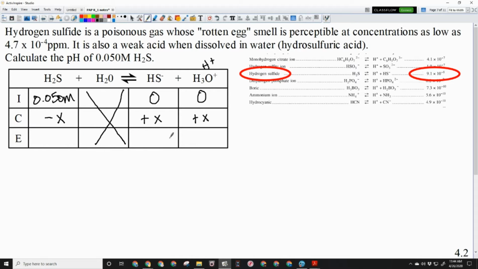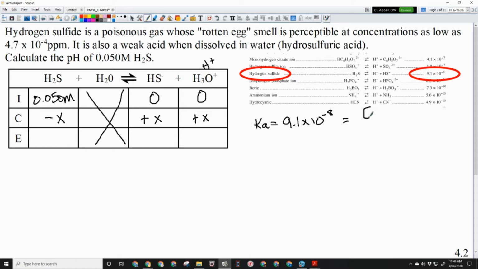Here we need to find out what we have at equilibrium. It tells us that we're calculating the pH, and that we've got 9.1 times 10 to the negative 8 as our Ka. So I'm just going to write that down: the Ka is equal to 9.1 times 10 to the negative 8. What is our equilibrium constant expression?